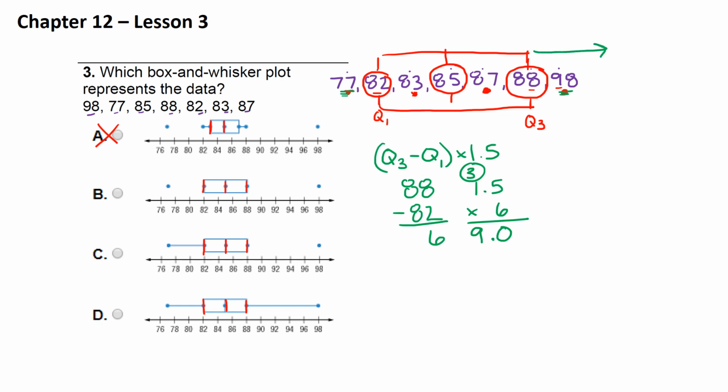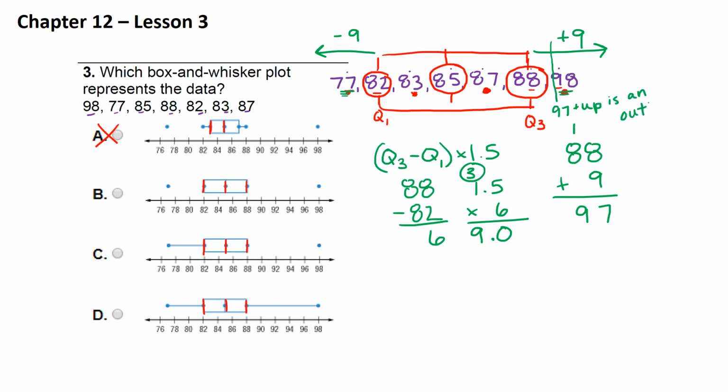So I'm going to add 9 to quartile 3, and I'm going to subtract 9 from quartile 1. So 88 plus 9 equals 97. So 97 and up is an outlier. So this means that 98 is an outlier.